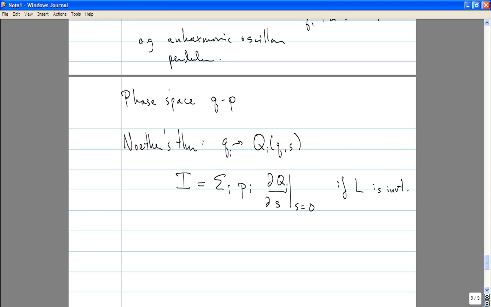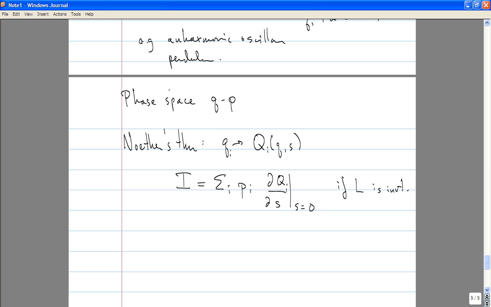And you saw, for example, that the Hamiltonian was the conserved quantity associated with time translation invariance. But in general, this prescription allows you to write down the conserved quantity associated with any symmetry, which can be thought of as a continuous transformation of the dynamical variables of the system.